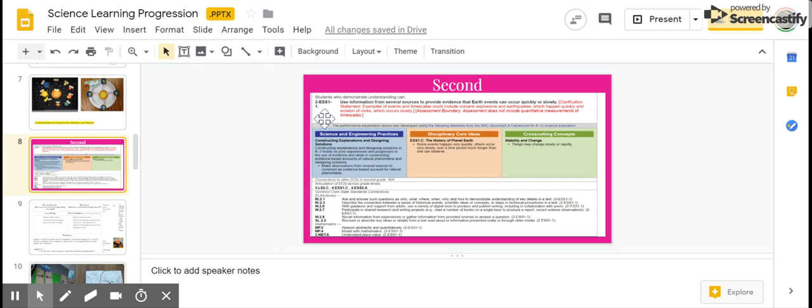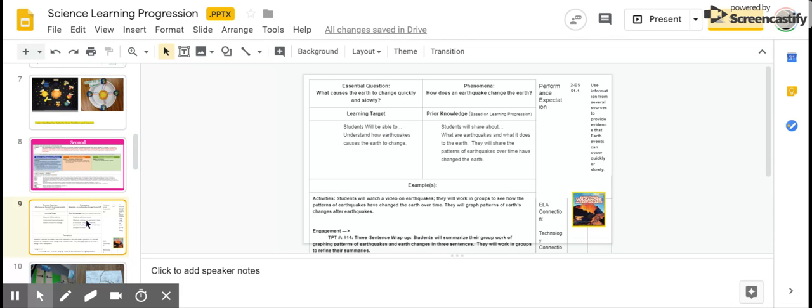The science and engineering practice is constructing explanations and designing solutions. And then the disciplinary core idea is the history of planet Earth. And then the cross cutting concept is stability and change. And that goes along with their essential question, which is, what causes the Earth to change quickly and slowly? How does an earthquake change the Earth or Earth landscapes?